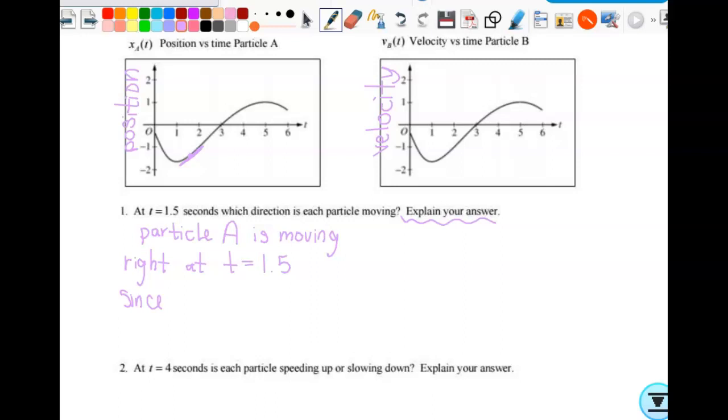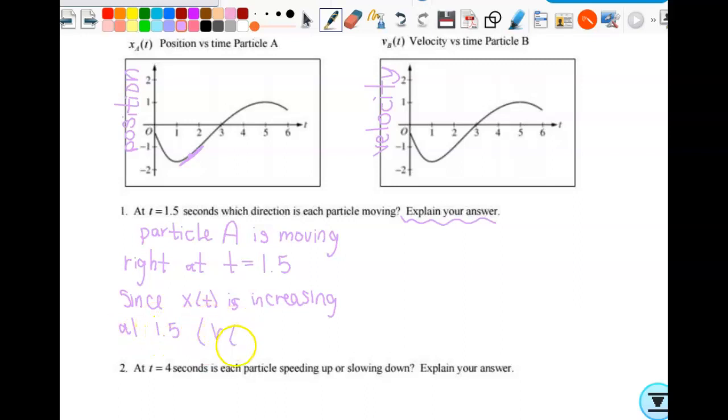increasing. Guys, if any quantity is increasing, its rate of change is positive. So we were on an increasing portion of the graph, so the slope at that point is positive, right? So position is increasing, since x of t is increasing at 1.5.